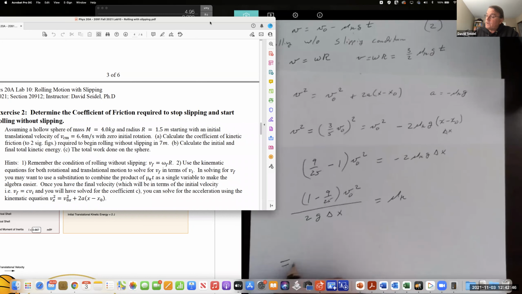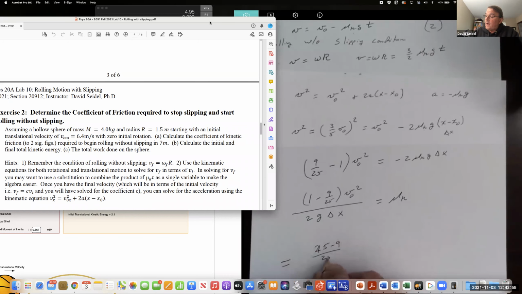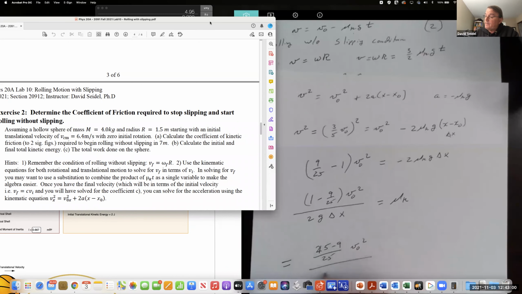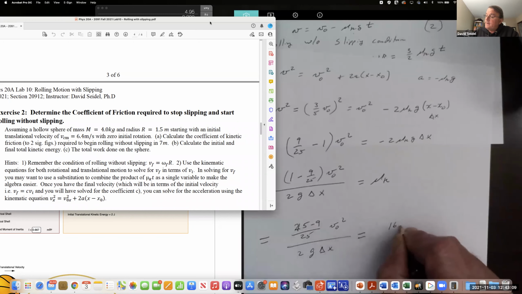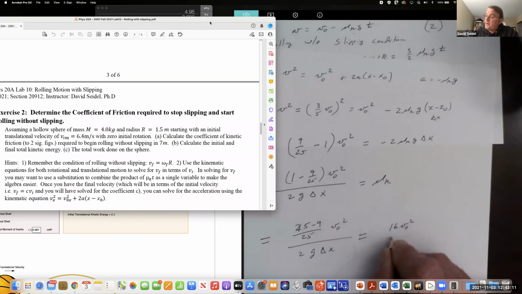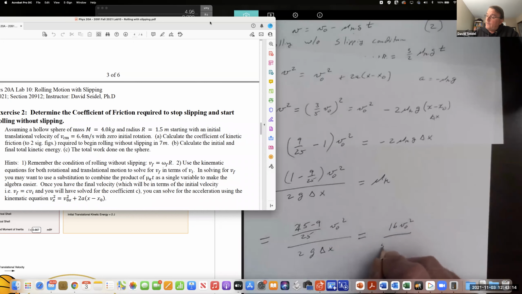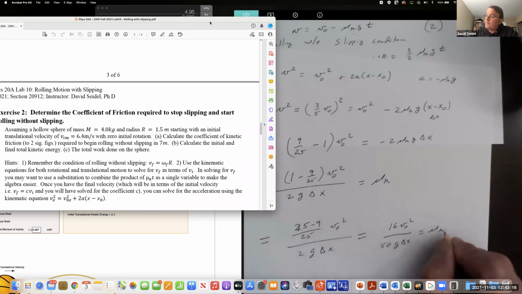This is 25 minus 9 over 25, V0 squared divided by 2 g delta x. This is 16 V0 squared over 50 g delta x equals mu k.